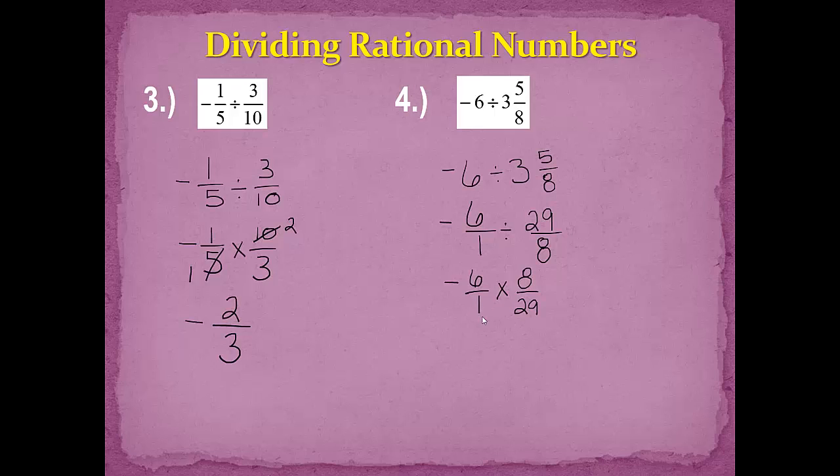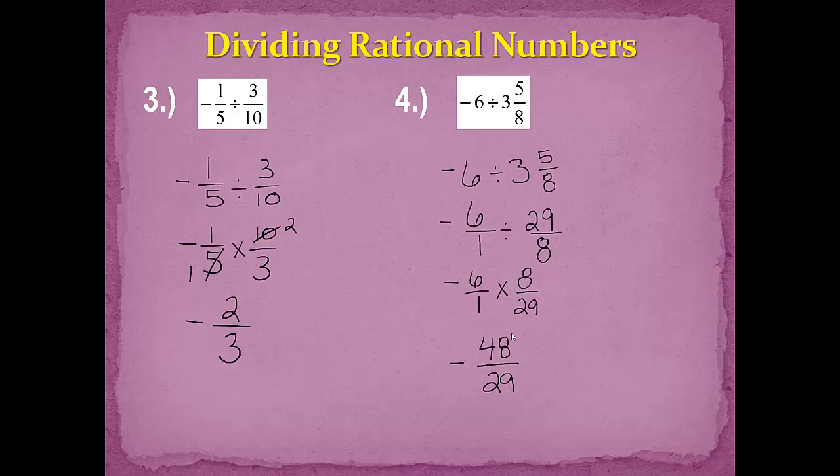So I will just go ahead and multiply across. 6 times 8 is 48. 1 times 29 is 29. And now I need to look at the sign. I have a negative times a positive, so my answer is negative.